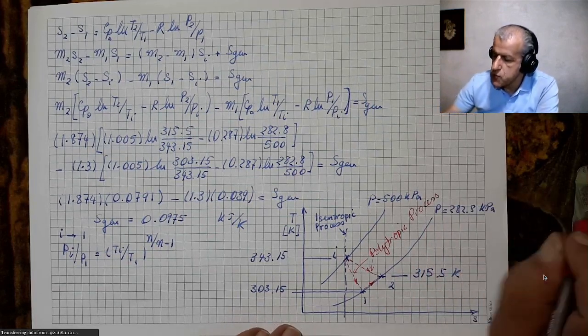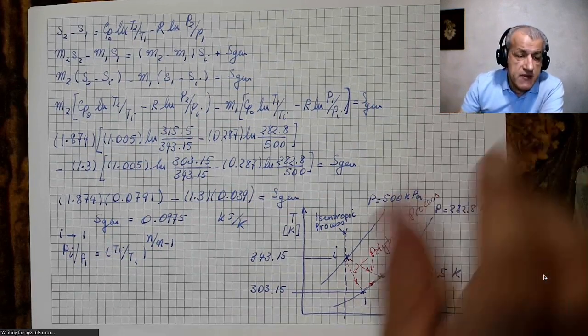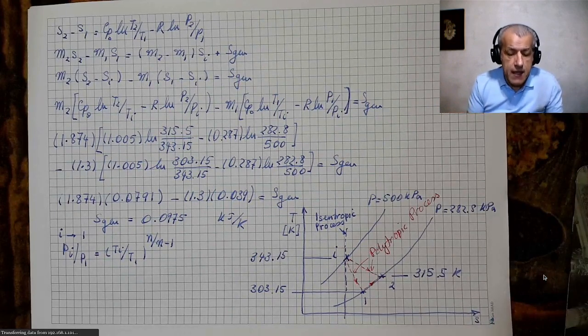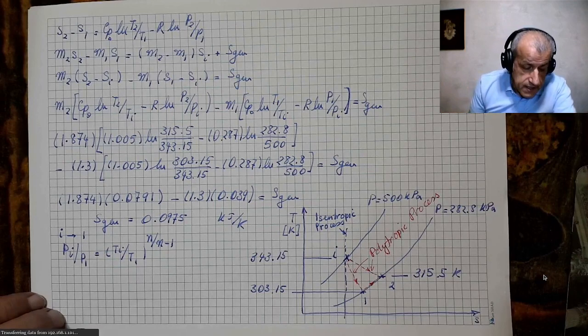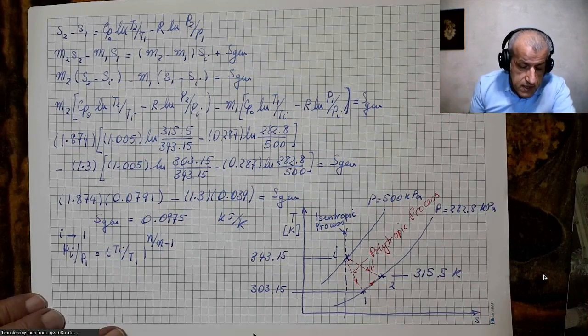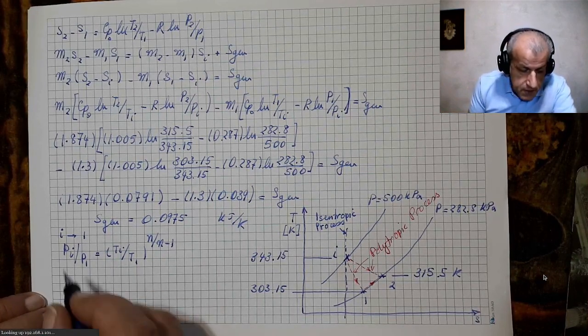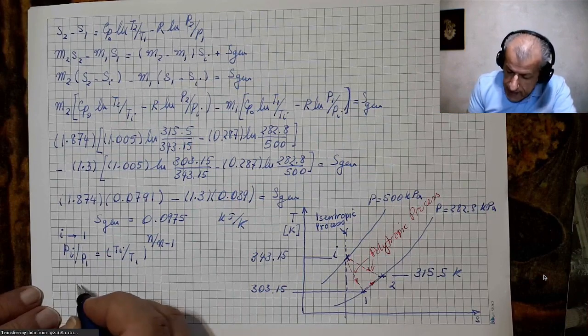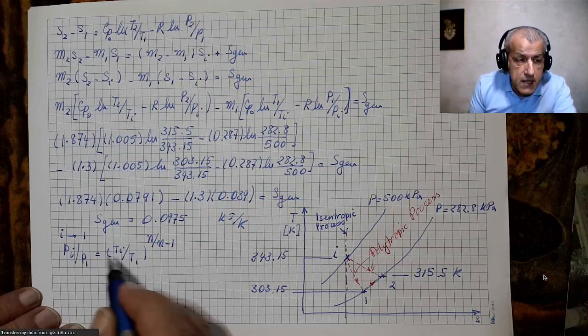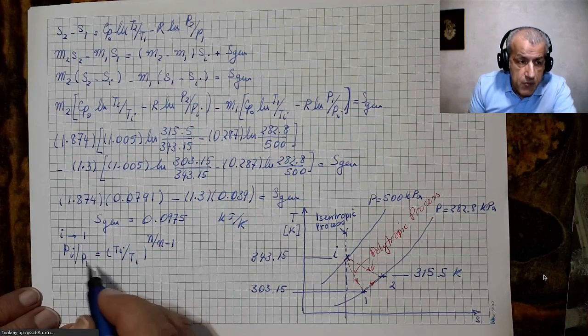These are two polytropic processes with different values for n, and we could easily calculate these values simply by taking natural logarithms from both sides.